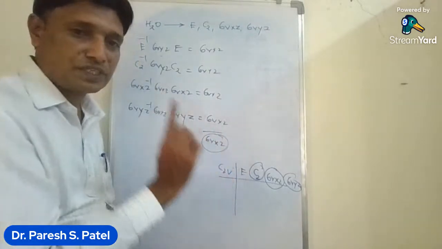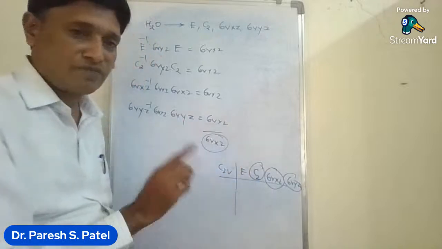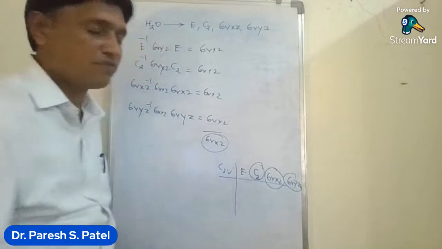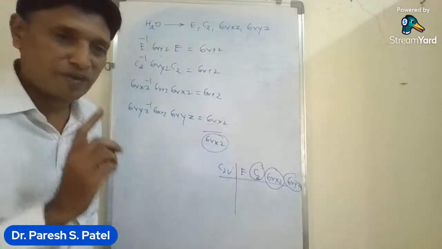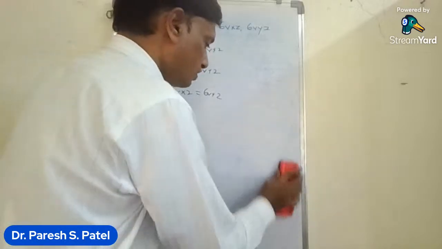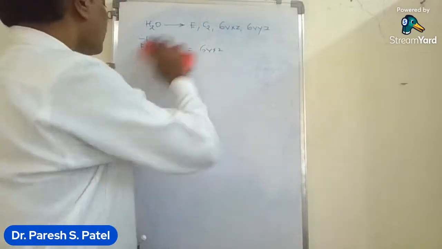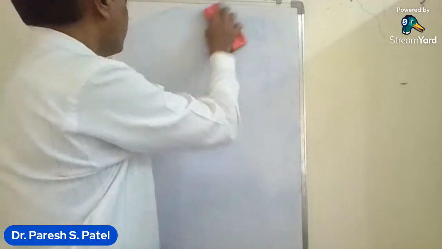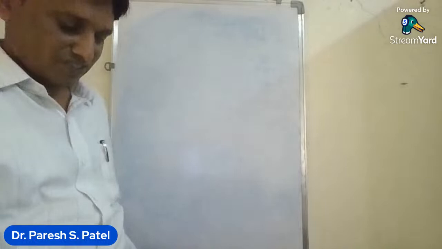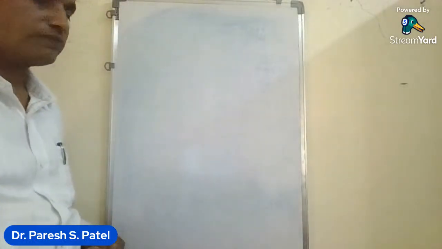C2 is conjugate to itself to form an individual class. Sigma Vxz is conjugate to itself to form an individual class. And sigma Vyz is conjugate to itself to form an individual class. So dear students, water molecule consists of 4 symmetry operations and the number of classes is equal to 4.